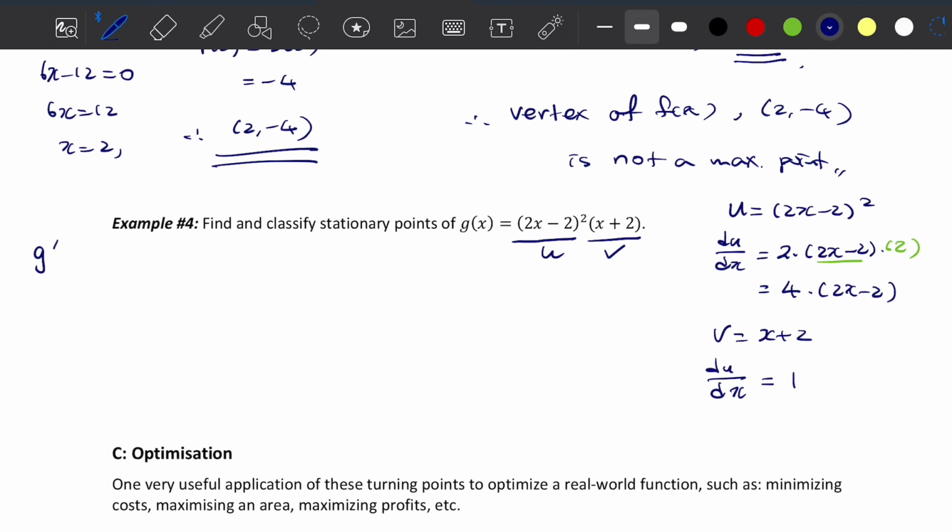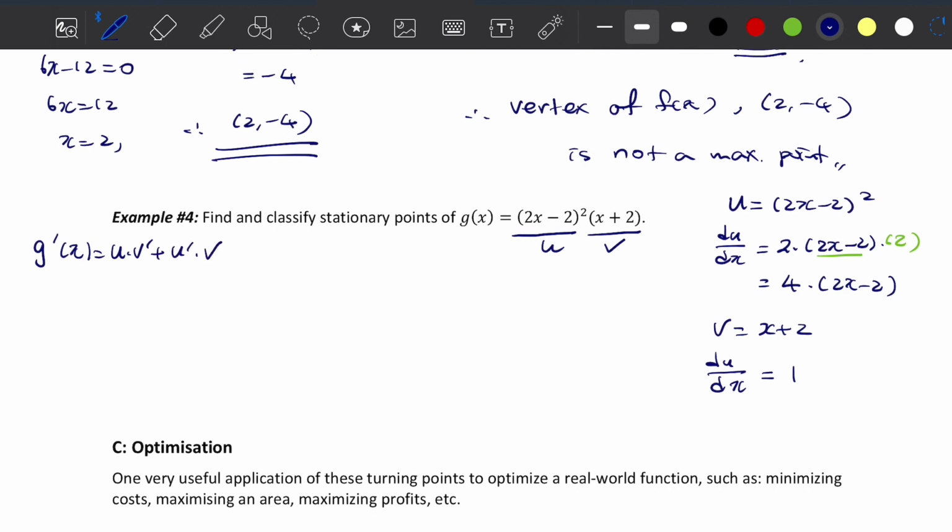Then using the product rule, the first derivative of the function g of x is u times v prime plus u prime times v. So g prime of x is (2x minus 2) squared times 1 plus 4 times (2x minus 2) times (x plus 2). Then it simplifies into 12x squared minus 12.